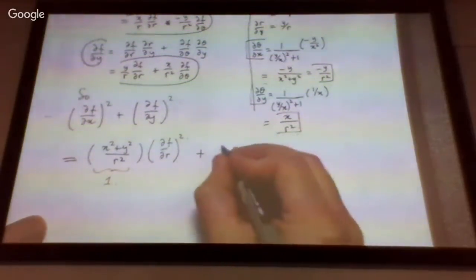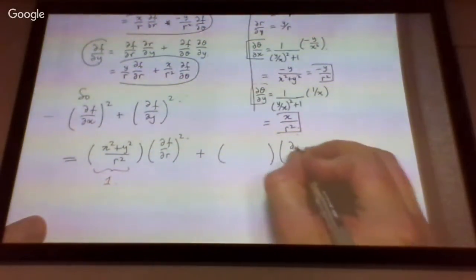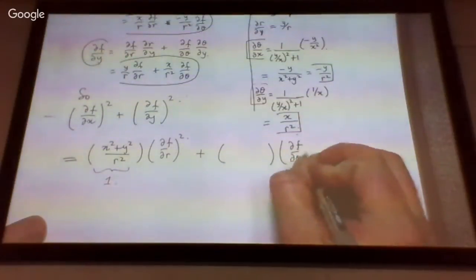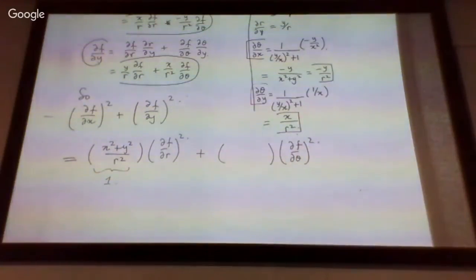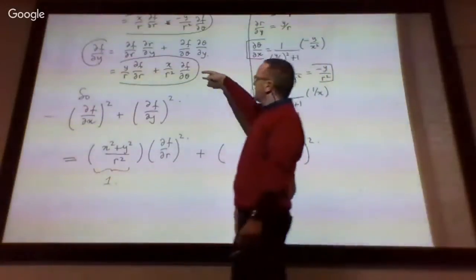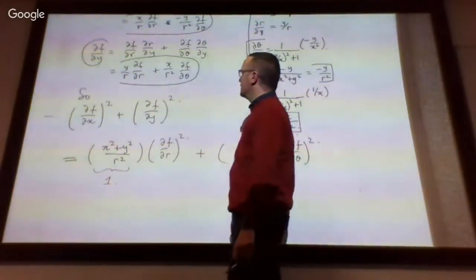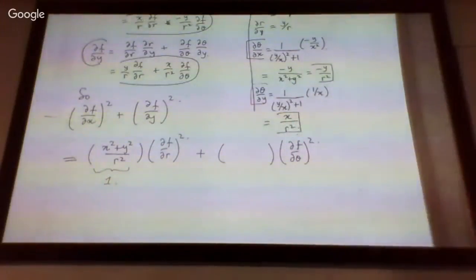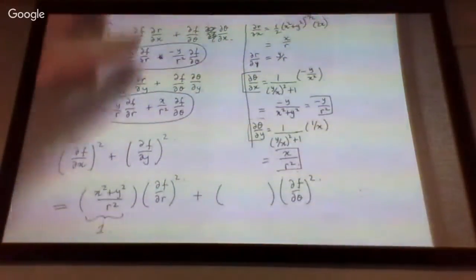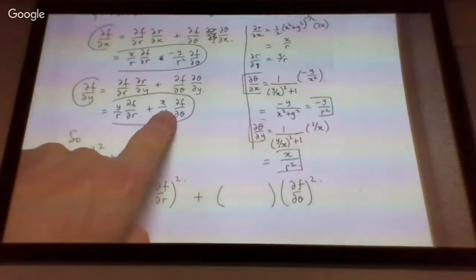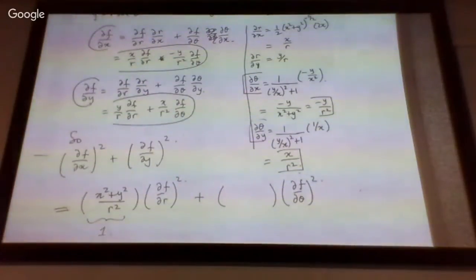We also have some squares of df d theta. And what's the coefficient there? I'm going to get x squared over r to the 4 from there, and from here I get y squared over r to the 4.